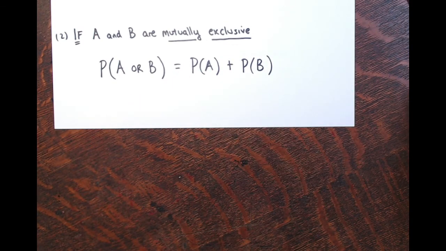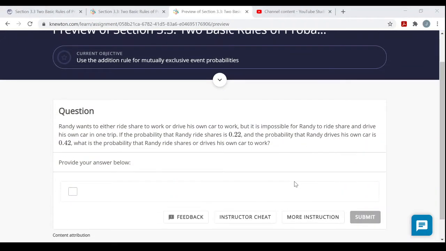All right, so I'm not going to click on more instruction. I'm just going to do some problems then. So Randy wants to either ride share to work or drive his own car to work. You see that those are mutually exclusive, right? Because it's impossible for Randy to ride share and drive his own car in one trip. You can't share a ride and drive your own car at the same time.